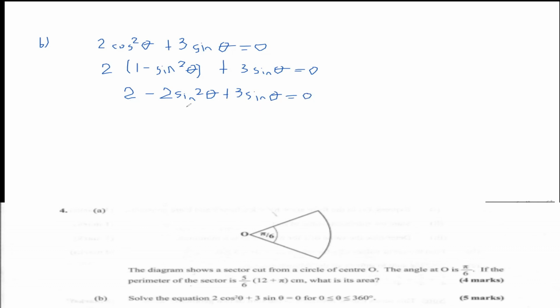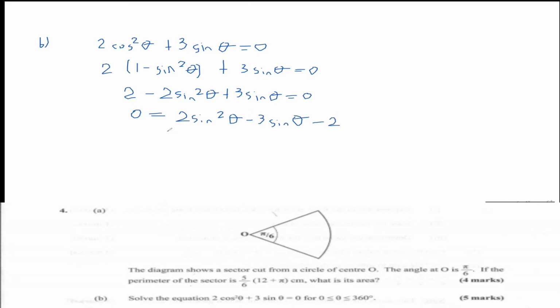But I don't like when this is negative, so I'm going to bring everything over to the other side and write 0 is equal to 2 sine square theta minus 3 sine theta minus 2. That's what I'm going to write.